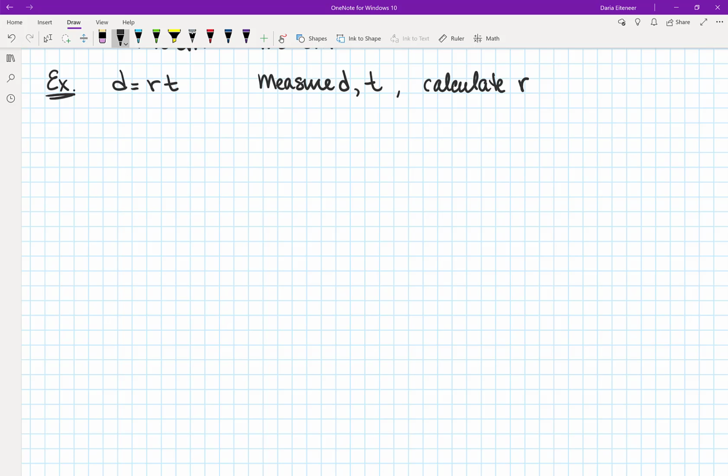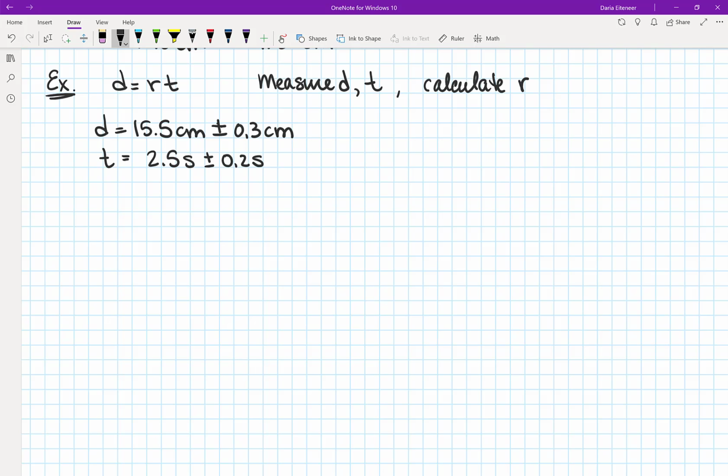Right now, I want to concentrate on specifically what happens with uncertainties and errors. So let's say that we measure distance to be 15.5 centimeters with uncertainty of 0.3 centimeters. Let's not worry about how we make that measurement. Time is 2.5 seconds plus or minus 0.2 seconds. Okay, so these are our measurements.